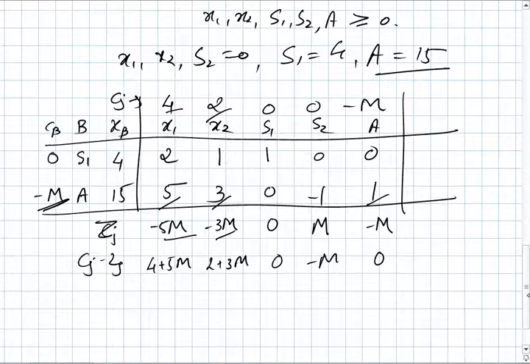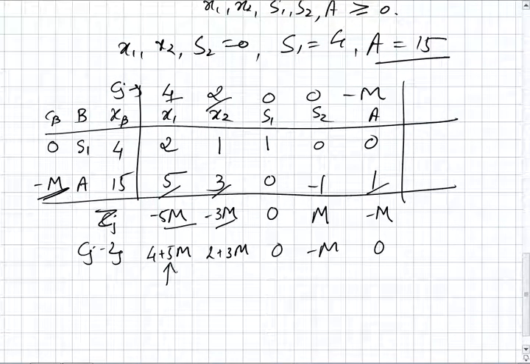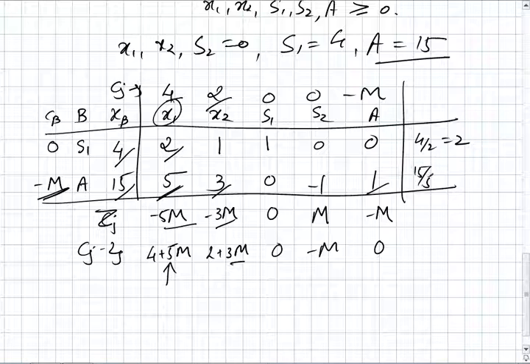M is a very large number, so 5M is much larger than 3M. So x1 will enter the basis, and now we evaluate the replacement ratio: 4 by 2 is 2, and 15 by 5 is 3. The minimum is 2, so s1 will leave the basis.